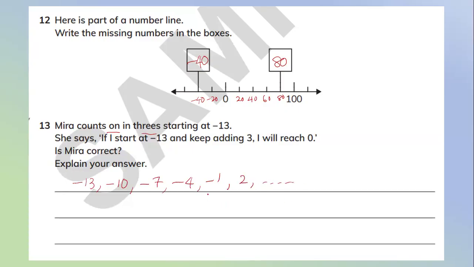So look here, from -1 to 2, there is no 0. So she is not correct, because 0 is not included in the sequence.